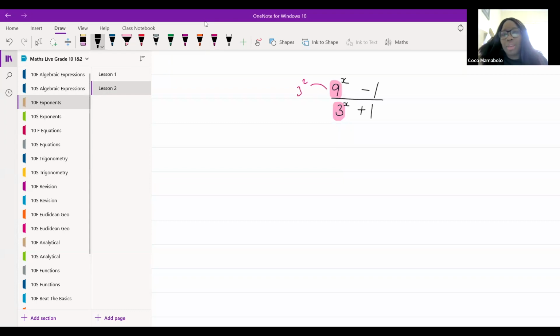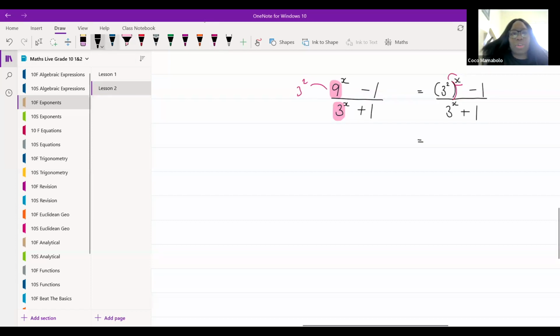Okay. So I'm going to rewrite 9 as, in brackets, 3 to the power of 2. But it was already to the power of x. So the x needs to sit there. Minus 1 over 3 to the power of x plus 1. It's all good, Amanda. I knew exactly what you meant. Right. Now I see a bracket and an exponent. So I'm going to multiply my two exponents.